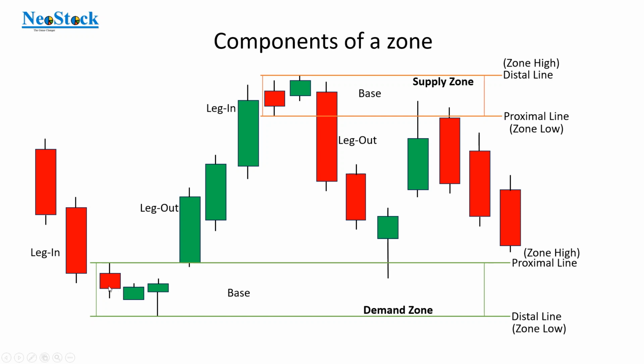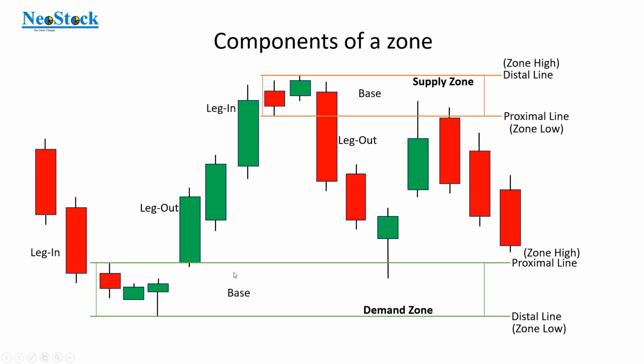And then we have a base. A base has base candles, and also we have zone high and zone low, which are constant and cannot be changed. We also have two more lines, proximal line and distal line, and they can be altered based on risk management concepts you will be learning in the upcoming sessions.